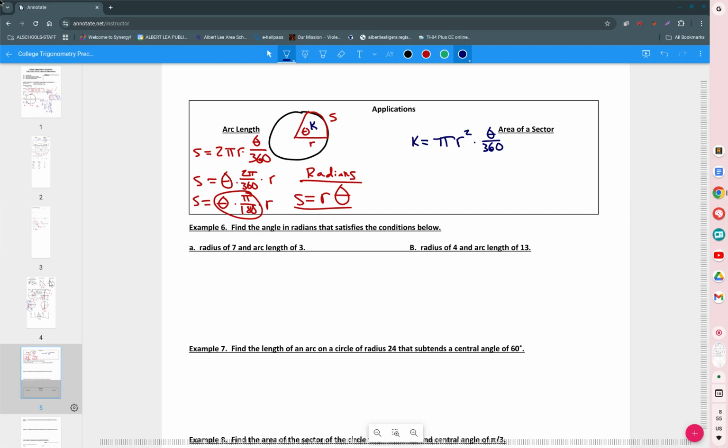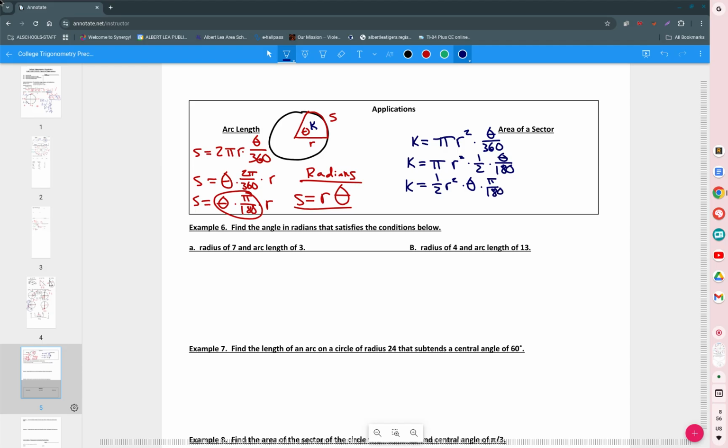I'm going to pull just a little trick here. I'm going to try to convert this into radians, and in order to do that, I'm going to write, again, pi r squared. And instead of theta over 360, I'm going to write 1/2 times theta over 180. And you can see here how I did that. Just 360 is 2 times 180. And now if I just move the pi on over there, I have K is equal to 1/2 r squared times theta times pi over 180.